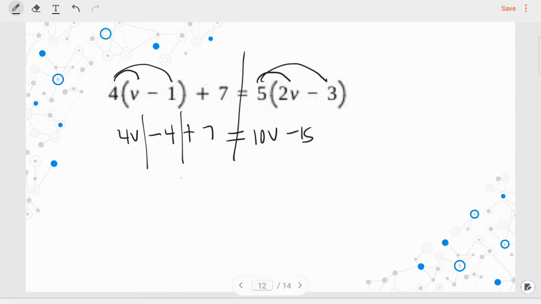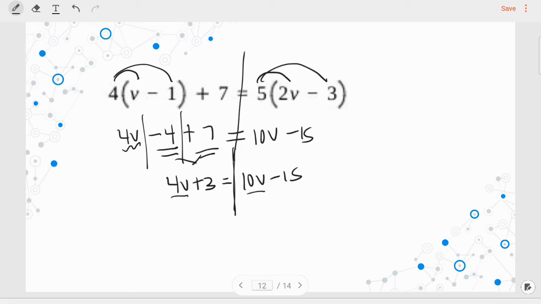Can I simplify any further? Yes, I can. I've got these separated terms. 4v, there's nothing like it, so I bring it down. But negative 4 and positive 7 can combine to give me positive 3. And I'd recommend using a calculator if you're not fluent with your adding and subtracting of integers. Equals 10v minus 15. At this point, I'd make the comparison and try to decide if it's going to have an infinite or special solution.